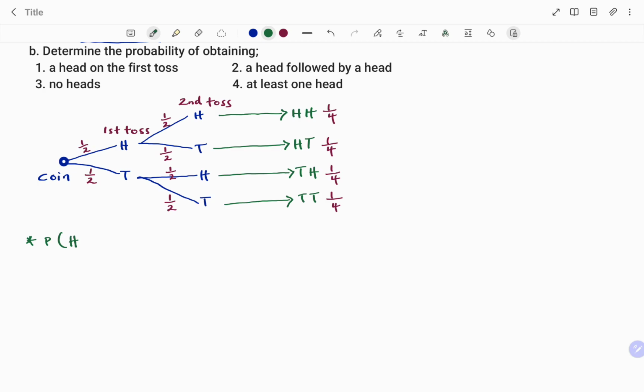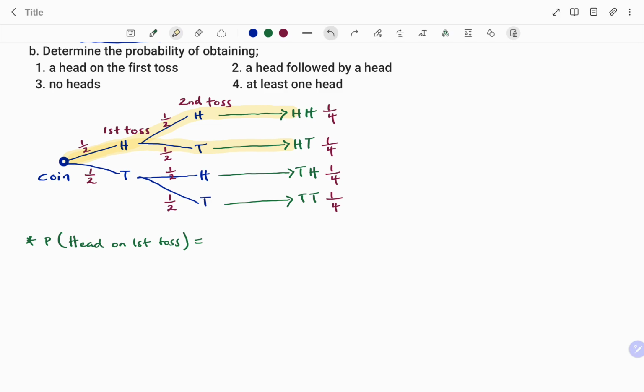Going to the first part of the question, we have to determine the probability of obtaining a head on the first toss. If we go back to our tree diagram, to have a head on the first toss, we have a combination of head on first, head on second, or we have a combination of head on first, tail on second. We're not going to use the other outcomes because we have a tail on the first toss.